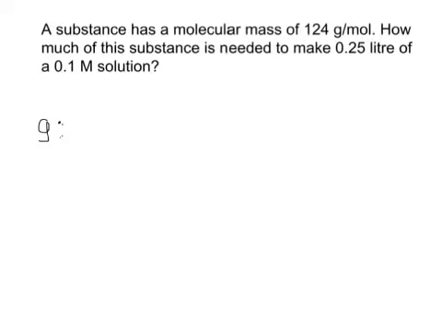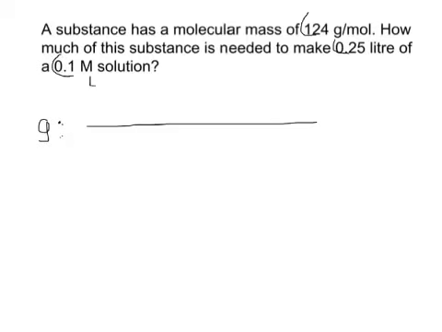The next step is we draw a long line. Now, in the following step, we simply look at what we have been given. So we have 124 grams per mole, we have 0.25 liters, and we have a 0.1 molar solution.